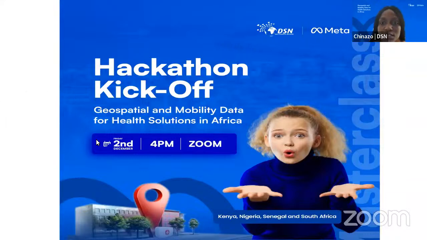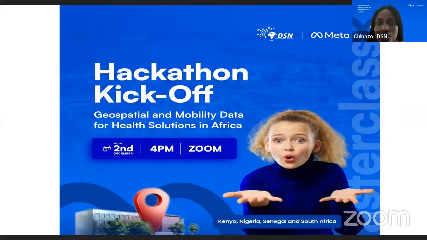So we will just move on to the reason why we are here. We understand this hackathon is for understanding how to use geospatial and mobility data to build health solutions for Africa. We've had a series of learning classes, people have joined in, they've learned a lot.